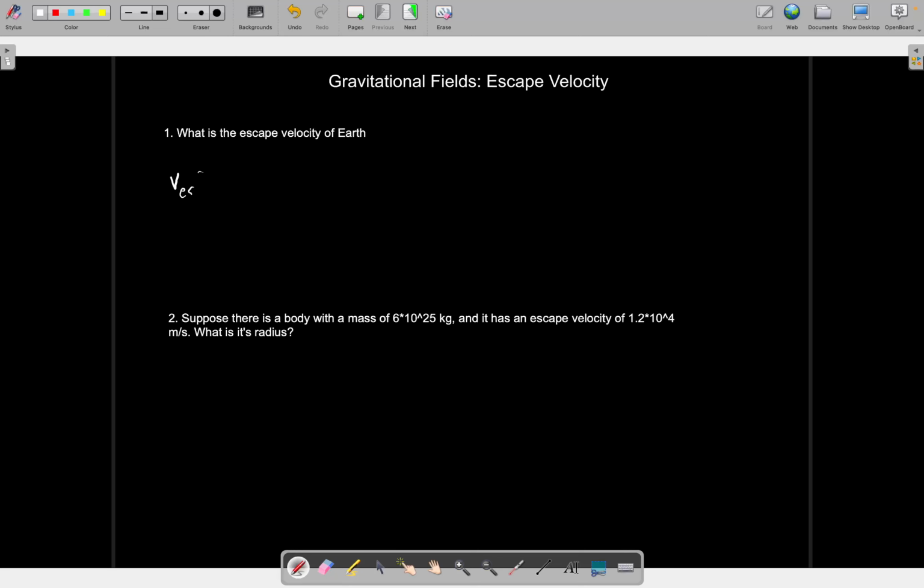So v escape is equal to the square root of 2 times capital G, which is the gravitational constant and has a value of 6.67 times 10 to the negative 11 newton meters squared over kilogram squared, and that is multiplied by the mass of Earth, which is 5.98 times 10 to the 24 kg.